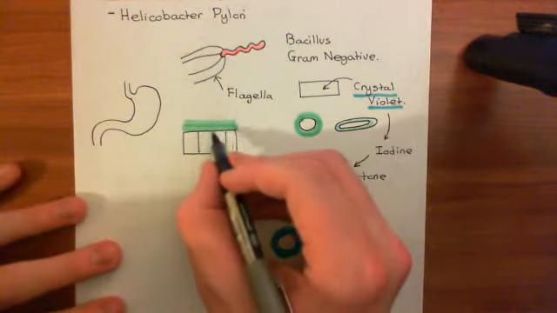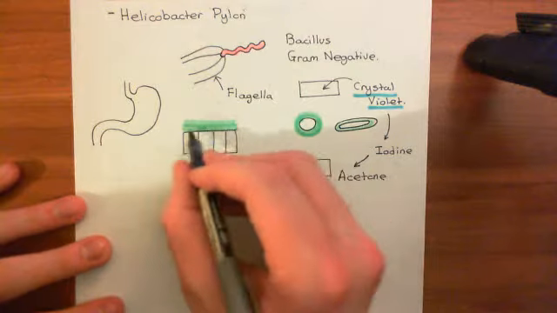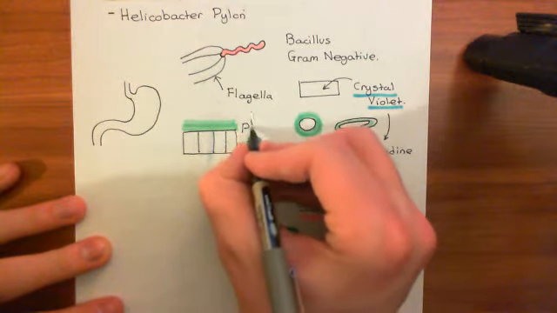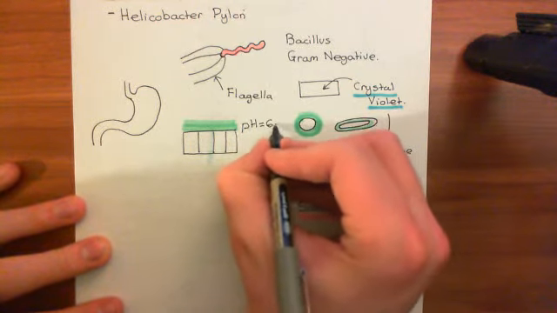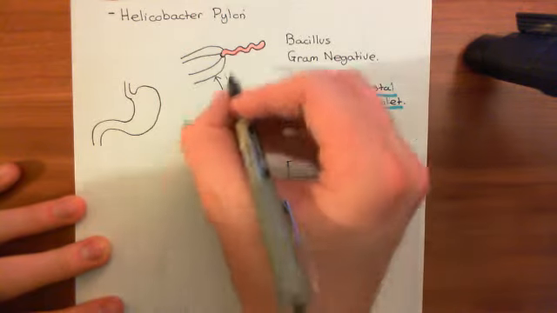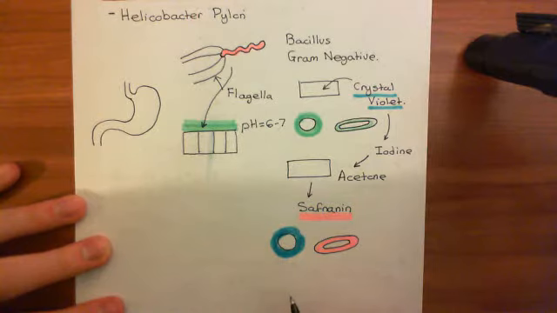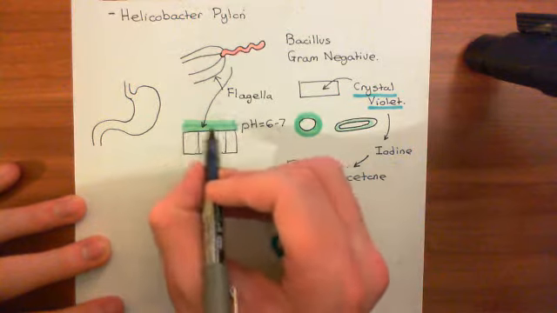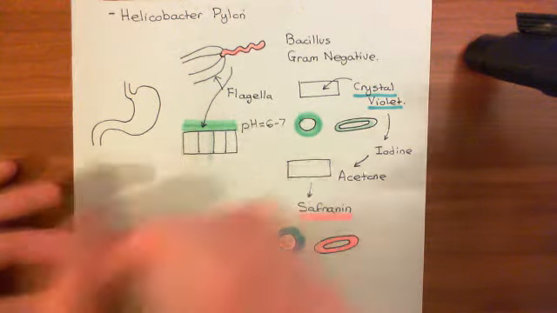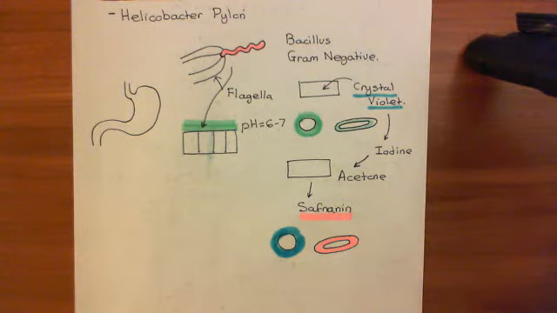And they secrete bicarbonate anions into this mucus so that the pH of it is kept around 6 to 7. And it is in here that the Helicobacter pylori bacterium will live. So you end up with a whole colony of Helicobacter pylori cells living in the mucus that lines the surface of your stomach.